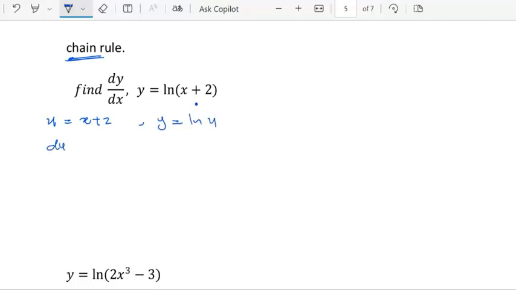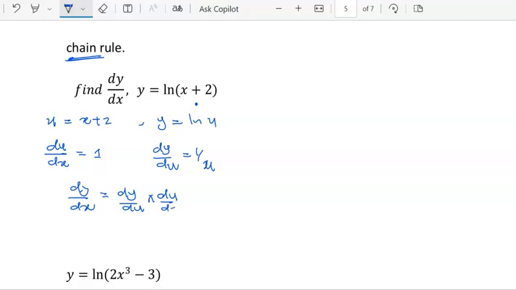So du dx is equal to 1, and dy du is equal to 1 over u. That means from the chain rule, dy dx is equal to dy du multiplied by du dx, which is just 1 over u multiplied by 1. So your derivative is 1 over u, which is 1 over x plus 2. That's your derivative of this function.